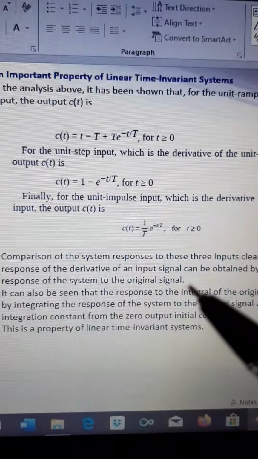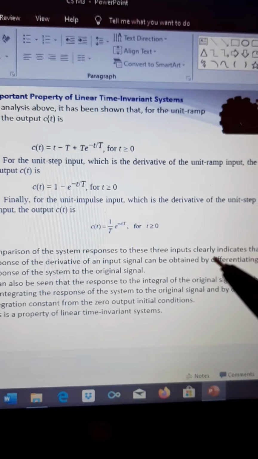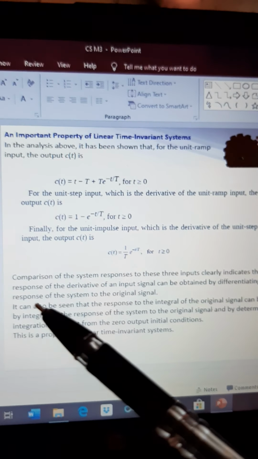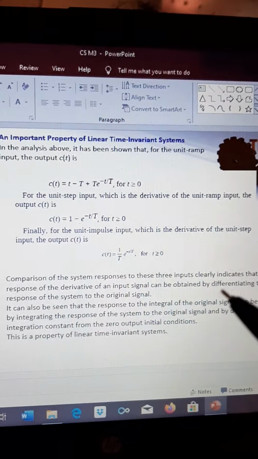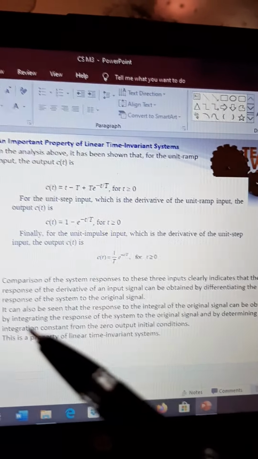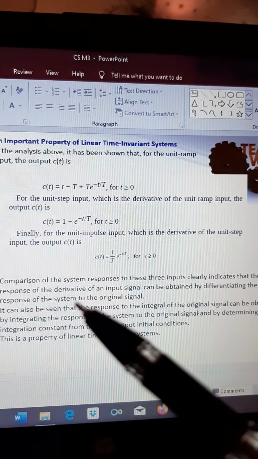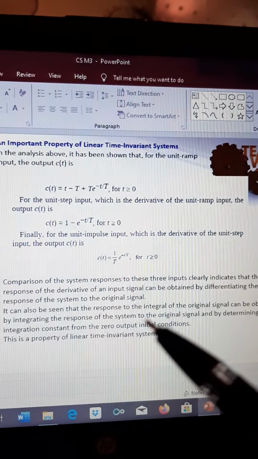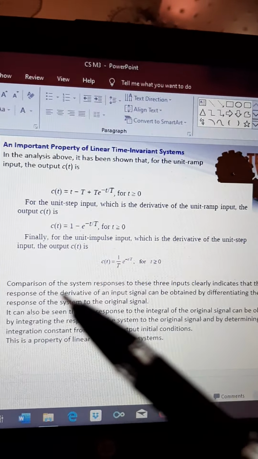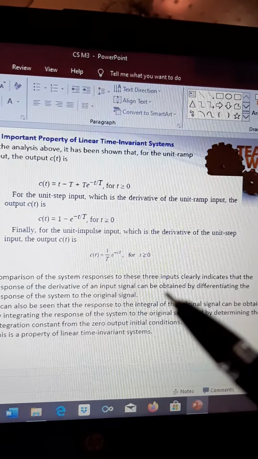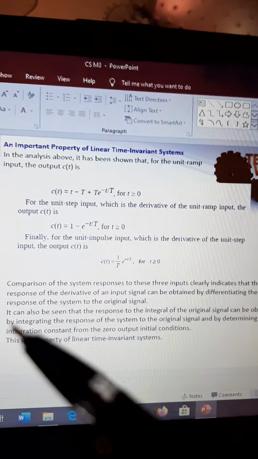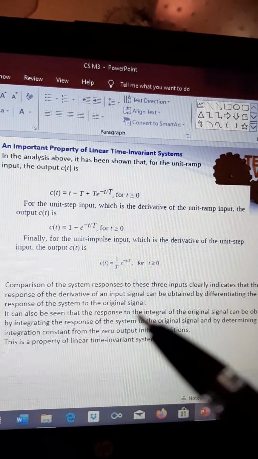Comparison of the system response for these three inputs clearly indicates that the response to the derivative of an input signal can be obtained by differentiating the response of the system to the original signal.